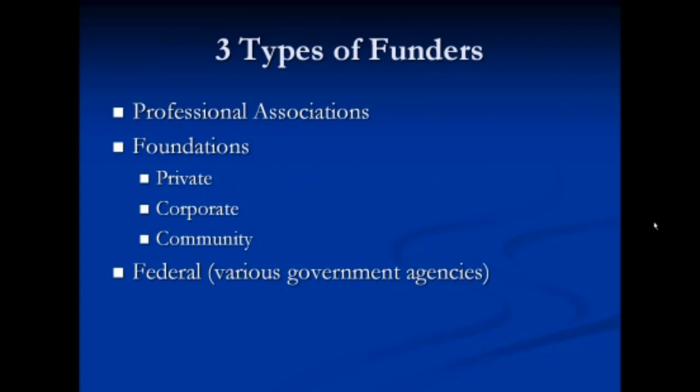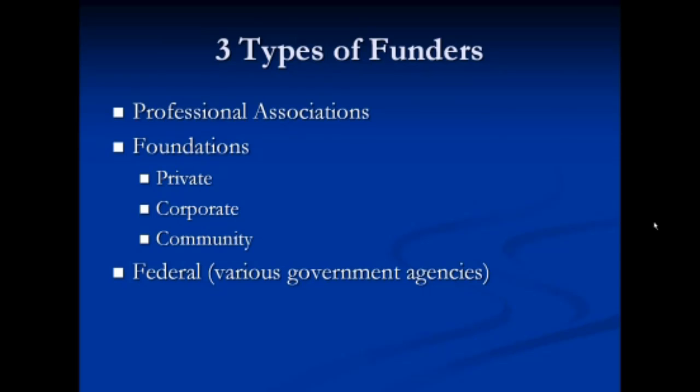There are professional associations, such as, let's just take for example, United Way. There are mission-specific associations, for example, the National Cancer Society. These would be classic examples of professional associations. These associations many times provide funding for the association members.